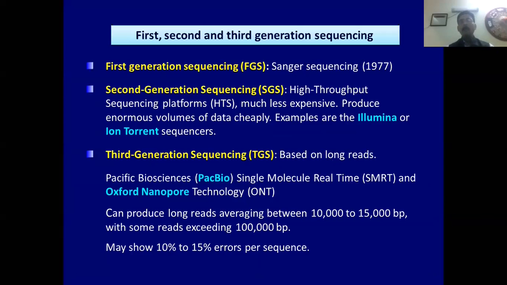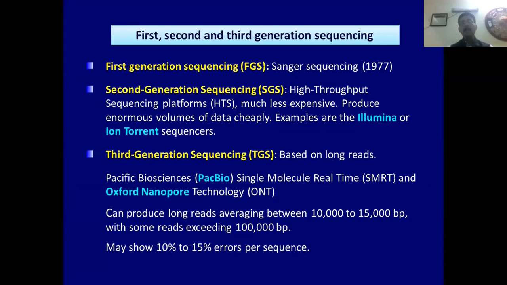We have got now different platforms of sequencing, as we already discussed, starting from Sanger sequencing. Now we have got the third generation sequencing technologies available in the form of the Pacific Biosciences sequencer or PacBio platform. Similarly, the Oxford Nanopore technology, ONT platform. Similarly, another platform, commonly called the SMRT platform, single molecule real-time analysis.